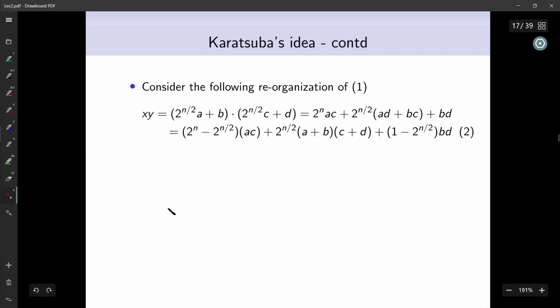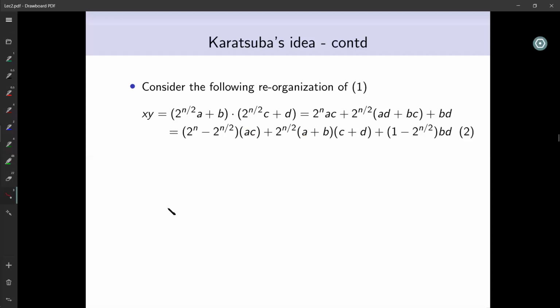It's the same expression. But what is the advantage of this expression? Let's just stare at it again. With the two addition operations, I can reduce the task of multiplying two integers into computing a product. A and B are n/2 bit integers, right? A plus B will be an n/2 plus 1 bit integer.